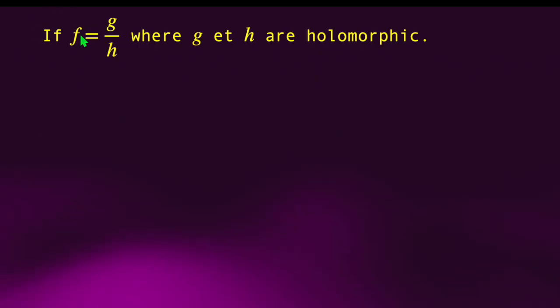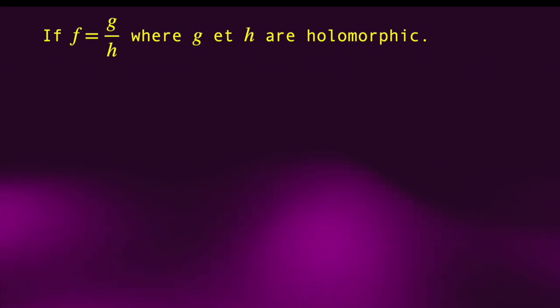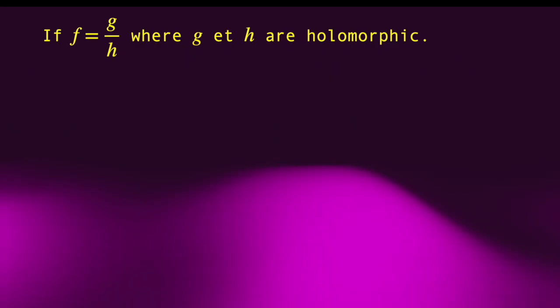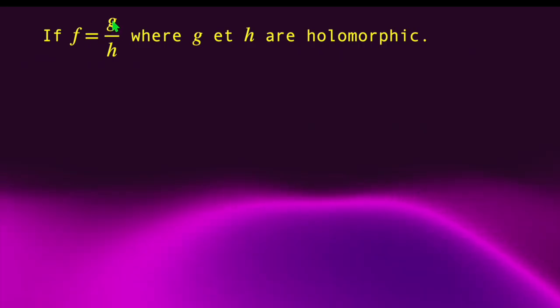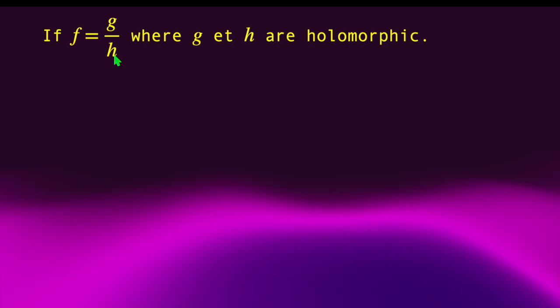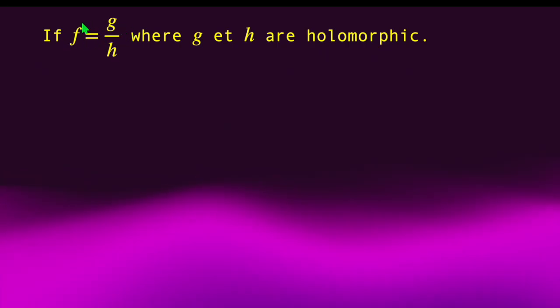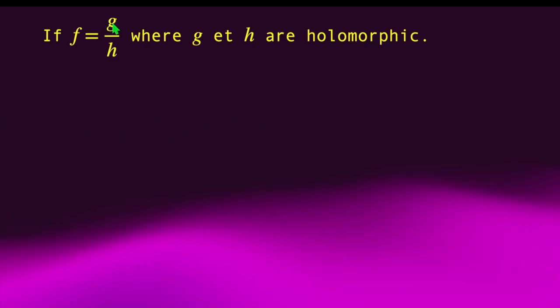Okay, now we consider the case which appears in all the concrete situations. Your meromorphic function is actually the quotient of two holomorphic functions. We have seen that it's the case locally, but now we have this situation globally. So you take a meromorphic function, which is the quotient of two holomorphic functions.